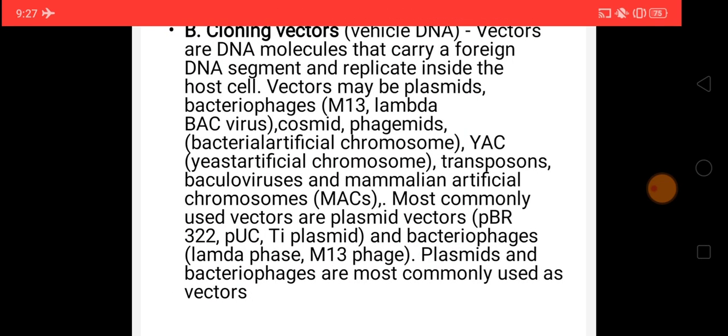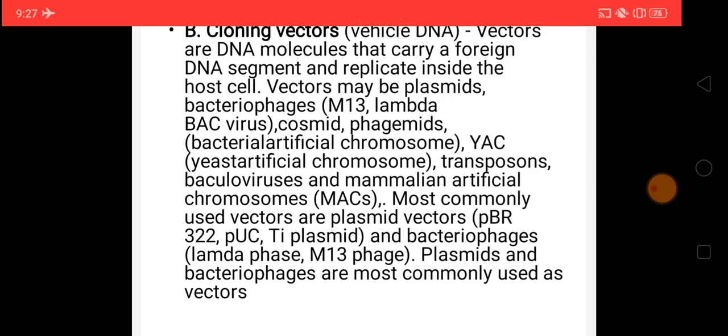Next, the tools required for biotechnology are cloning vectors or vehicles of DNA. Vectors are DNA molecules that carry a foreign desired DNA segment and replicate inside the host cell. It may be a plasmid or bacteriophage.